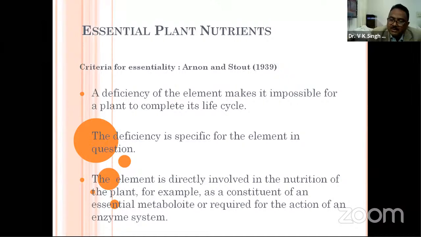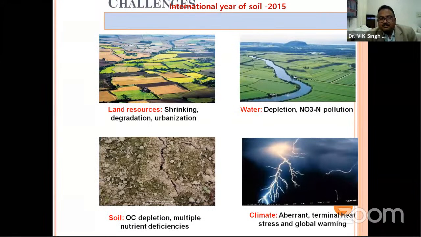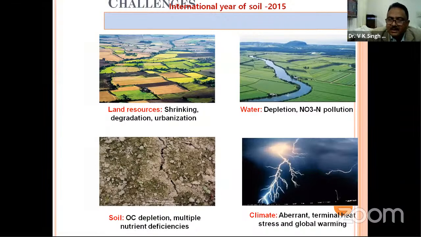What is happening in the real field situation? In the real field situation, we have these kinds of challenges, and those are linked with nutrient management. For example, land degradation. Land degradation is a major concern.